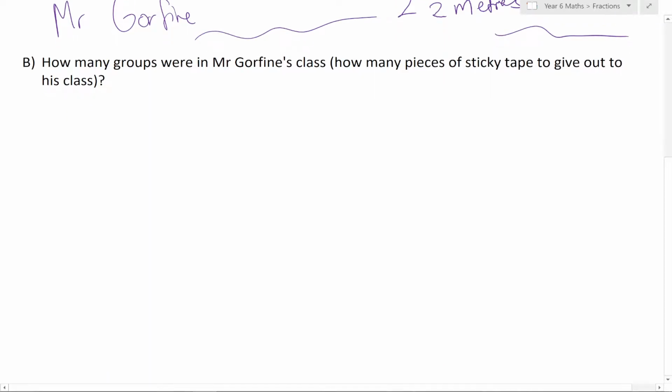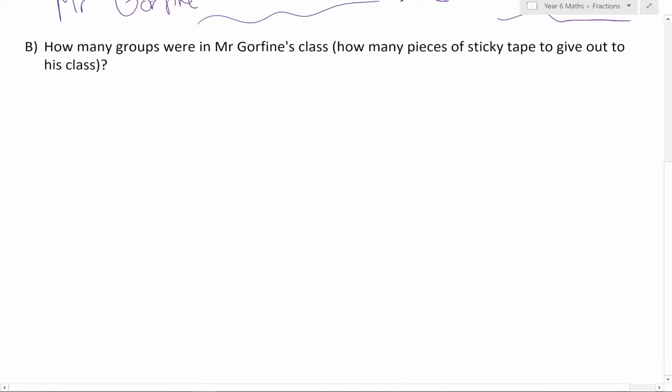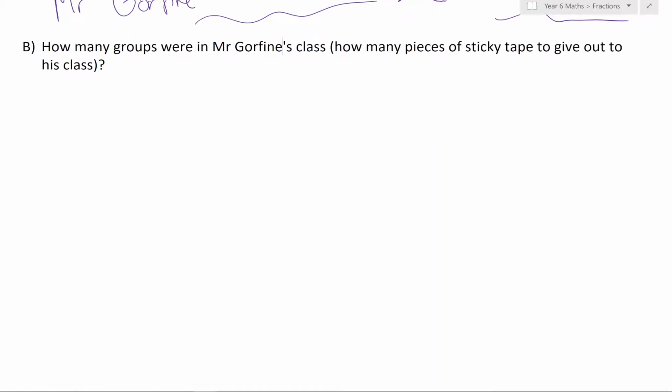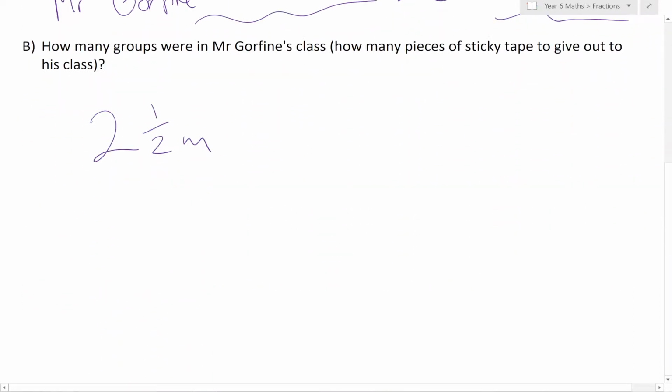Our second part, that was just a one part question. This is the second part, is then we know that we have 2.5 meters of sticky tape left to hand out to the groups. We want to know how many groups there are, or how many pieces of sticky tape it was cut up into. So remember, we said before, into 1/5 meters each.